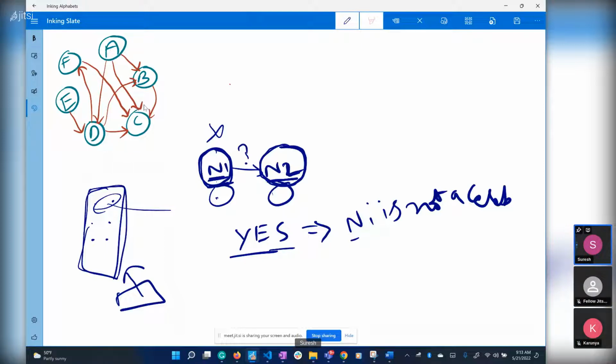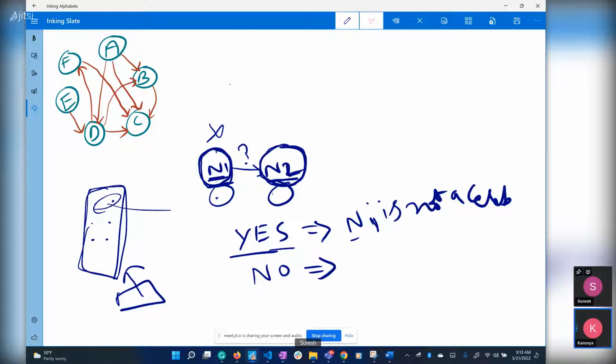Yeah. So let's say if you get no, the answer is no. What does it mean? So N1 doesn't know N2. Any guess? It means N1 doesn't know N2, but N2 might have known N1.